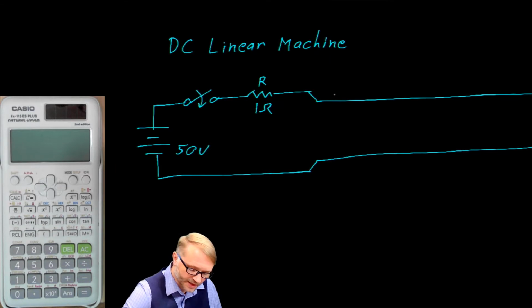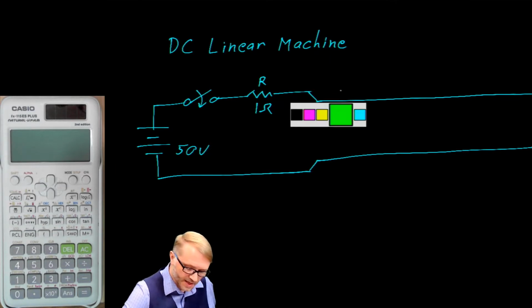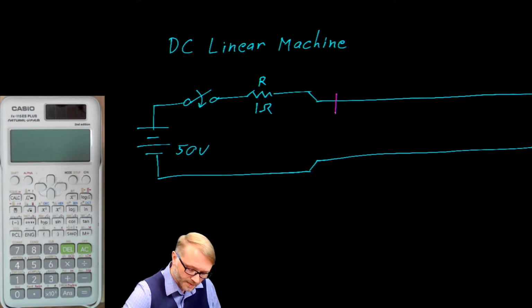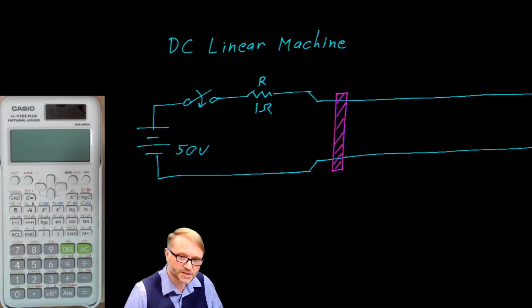To those wires, we're going to affix a bar. So we'll put a bar right here. This bar will make contact with the wires. It will make perfect contact. It won't spark, it won't slip, it will have a perfect electrical contact.